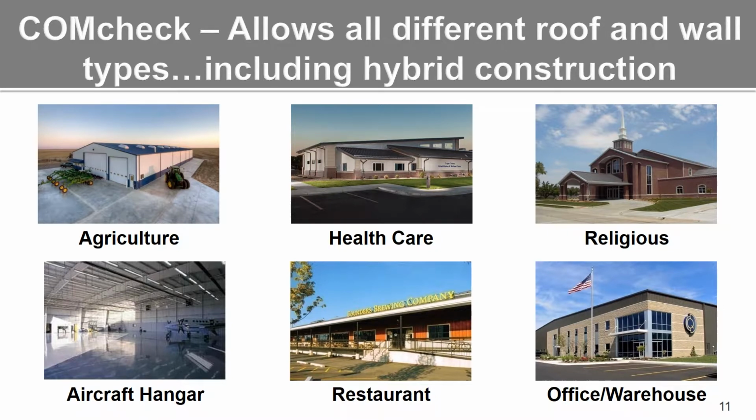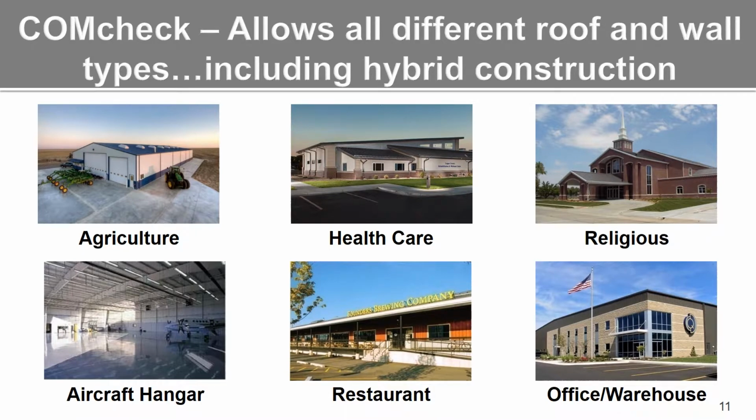Or you may have an all-brick building, such as the church in the upper right-hand corner, or a combination of brick or stone masonry and metal paneled walls, such as the lower right-hand corner.